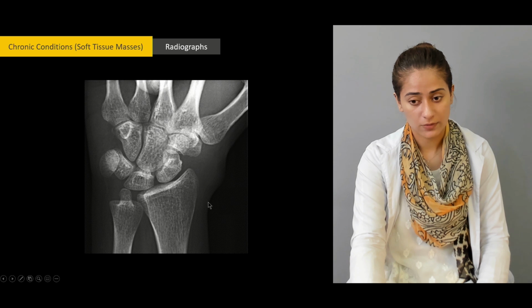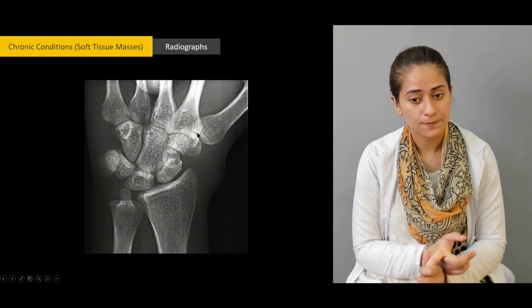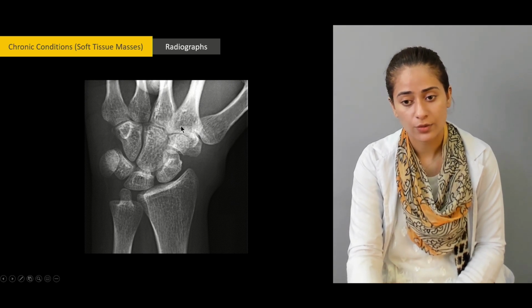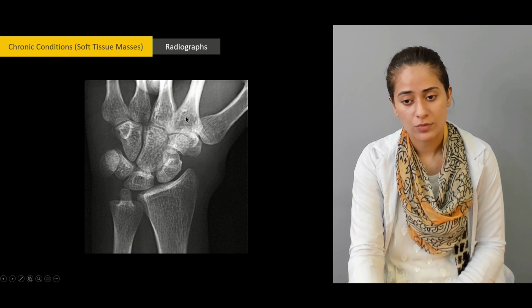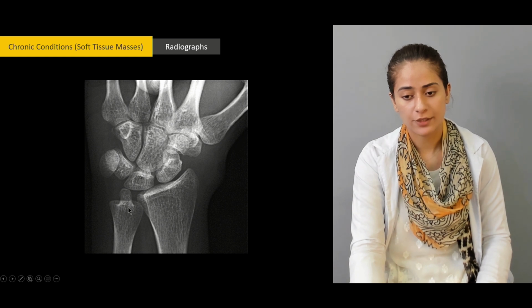If you look at the radiograph, there is sclerosis. There is a decrease in joint space. So this appears to be decreased joint space, and there appears to be decreased bone mineral density here. And this is an unusual osteophyte here.